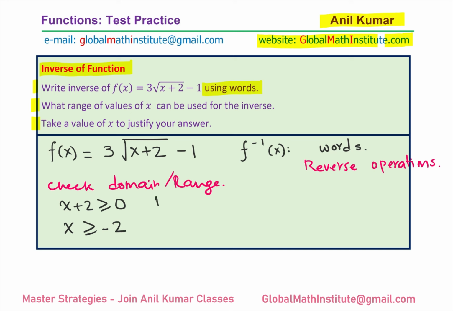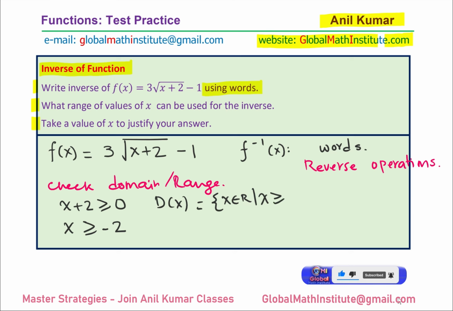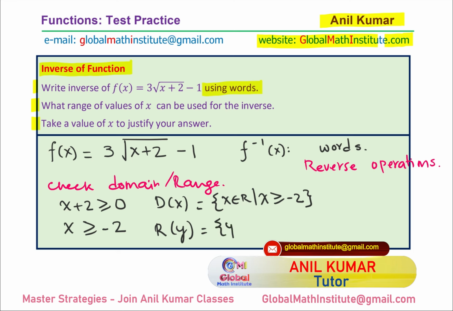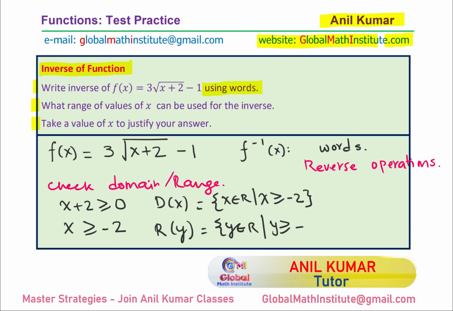So we have the domain of this particular function as x belongs to real numbers, where x is greater than or equal to minus 2. Clear? Range is the y values, which will be what for this? Y also belongs to real numbers, and you see this has been shifted 1 unit down, right? So that means y is greater than or equal to minus 1. That is the domain and range.